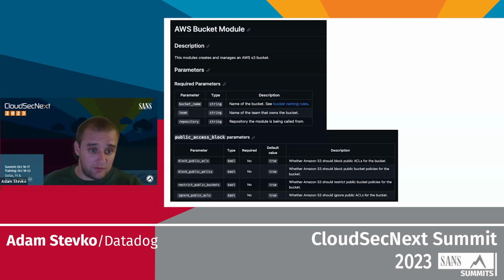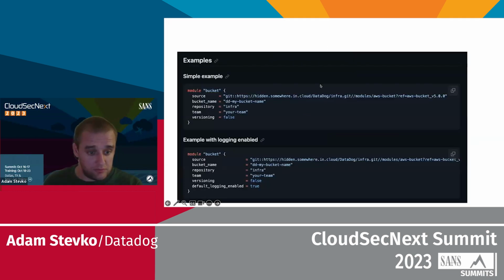The internal documentation also provides an example of how these modules can be used. All of the non-required attributes are just to further expand or configure the bucket, unless we need something non-standard.